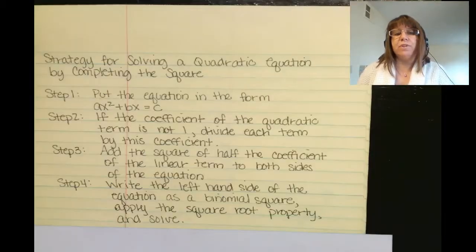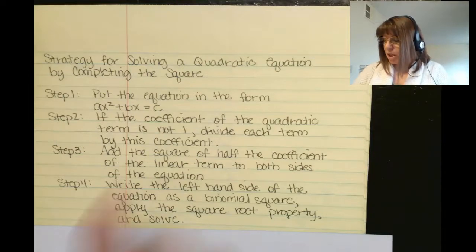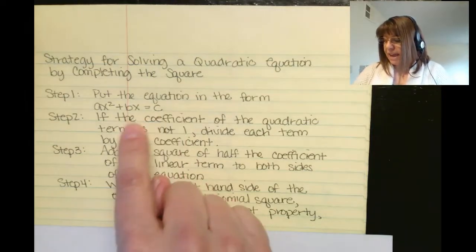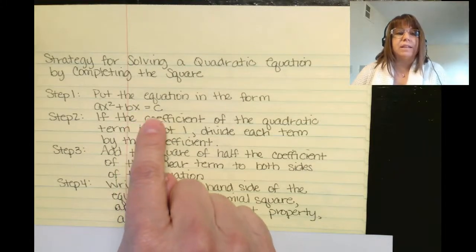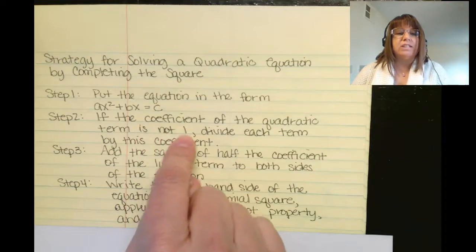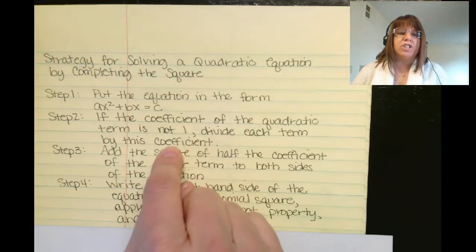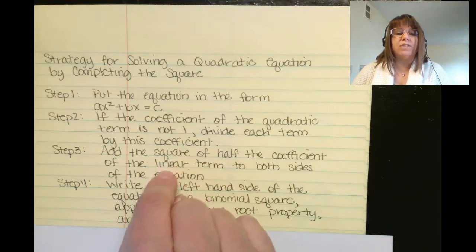Here's a strategy for solving quadratic equations by completing the square. First thing, you want to put the equation in the form of ax squared plus bx equals c. If the coefficient of the quadratic term is not 1, then divide each of the terms by its coefficient. We want to add the square of half of the coefficient of the linear term to both sides of the equation.